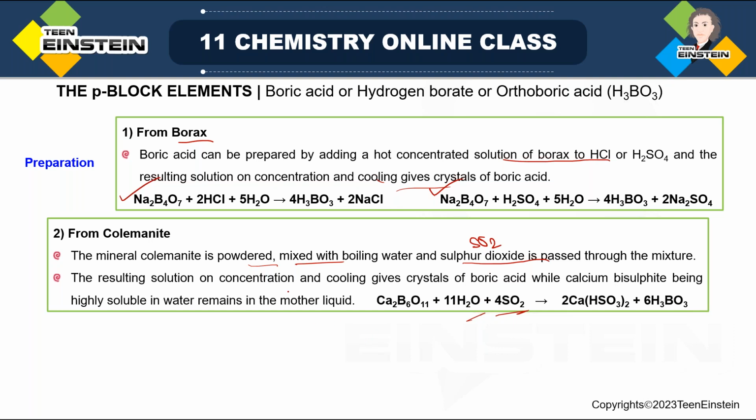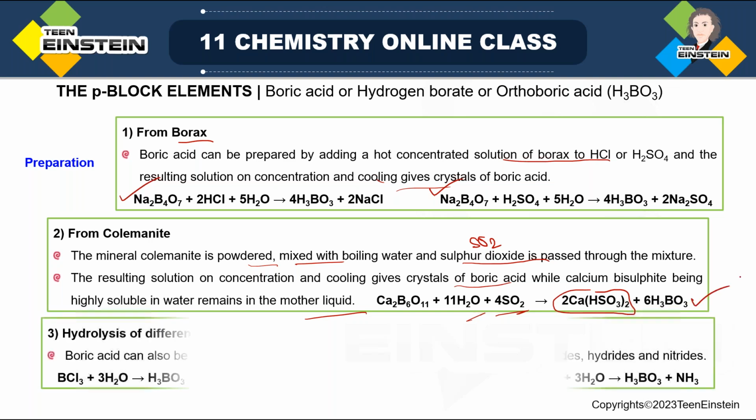The resulting solution on concentration and cooling gives crystals of boric acid. The other byproduct formed, calcium bisulfite, Ca(HSO3)2, has high solubility in water, so it will not create any problem. It will simply remain in the mother liquor, and you can easily get the crystals by filtration to ultimately get H3BO3.